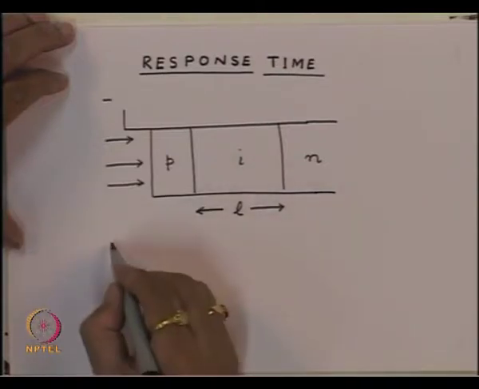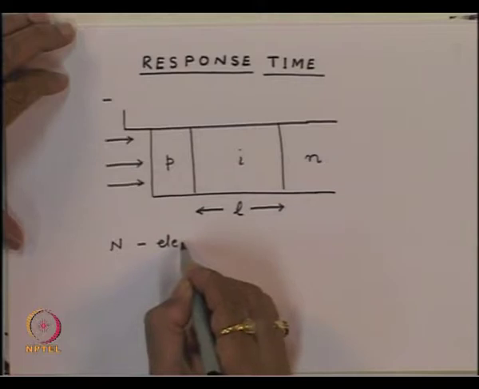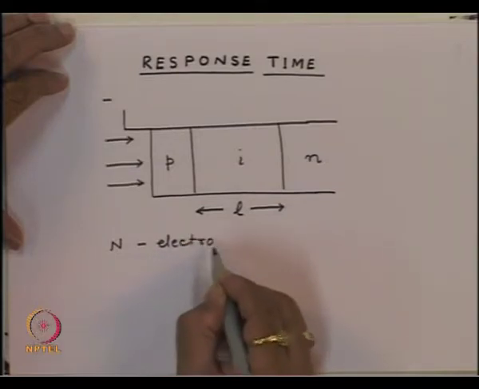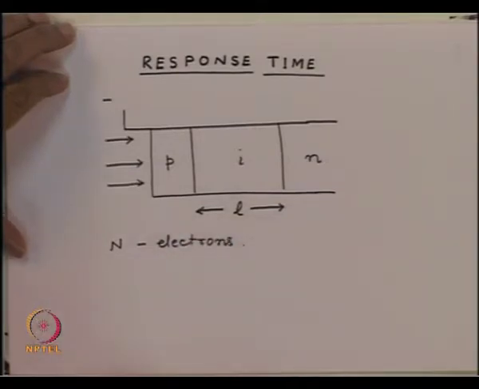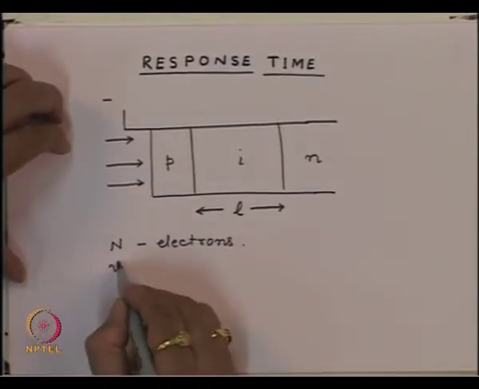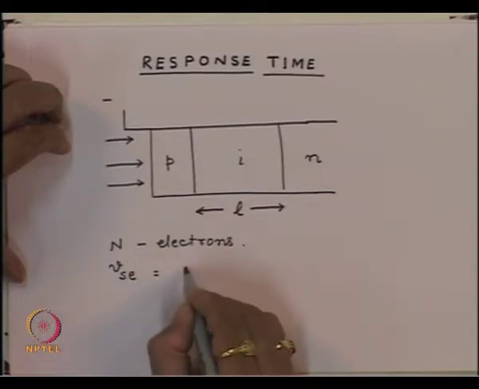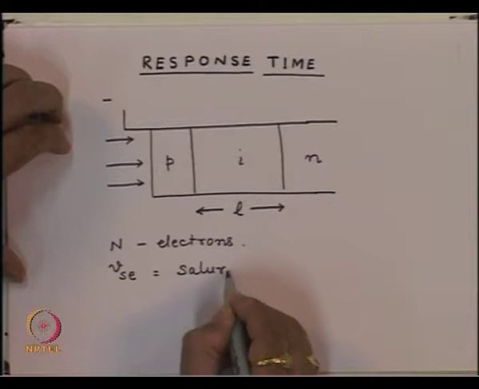So, let us say n electrons are generated inside this, and they reach the saturation velocity, which is given as, let us say, VSE, that is the saturation velocity.